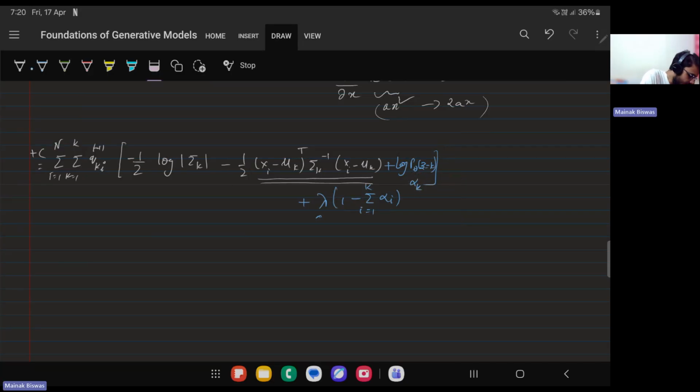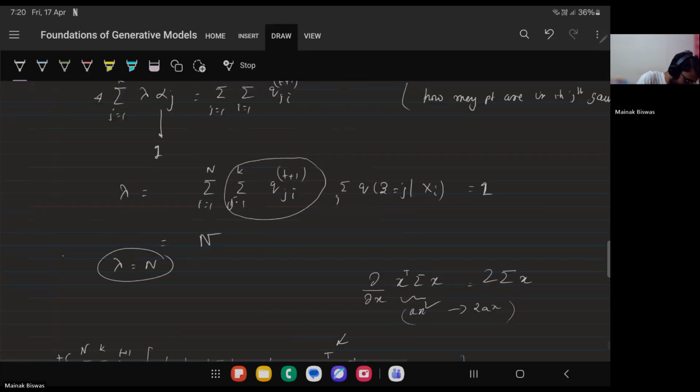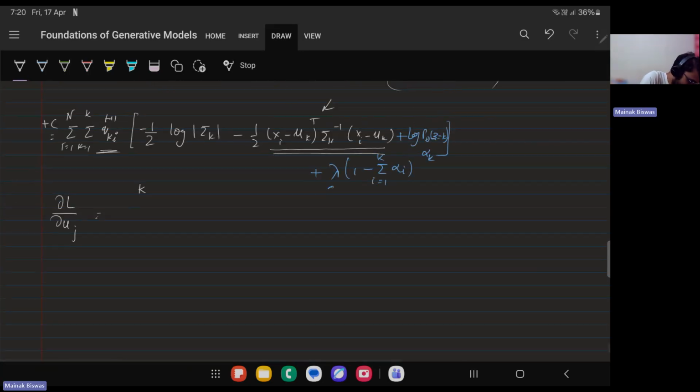So if I take the derivative dl d mu k, you can clearly see only this term alongside this term remains. So you can write this as k equal to 1 to k. Only the k, or rather j would be a useful term to use, because k's have been used in the summation already.